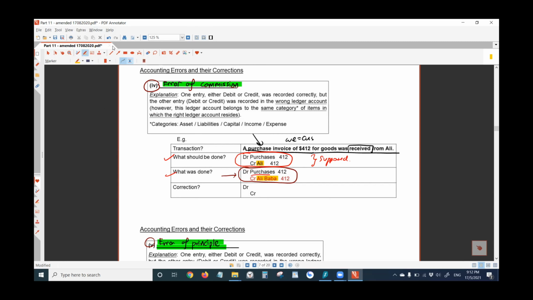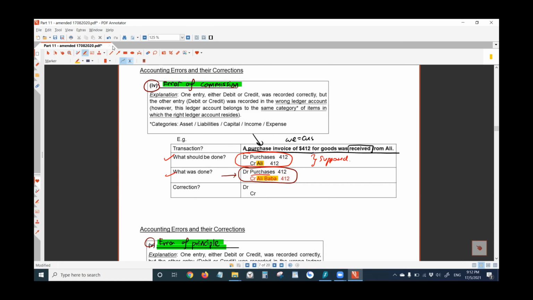Even though they have credited Alibaba account, which is the wrong account, we can say that these two accounts belong to the same category. What do I mean by category? Both of these accounts are person's name accounts, which is why we say that they belong to the same category. So that's the reason this is error of commission. When both the correct and the wrong account belong to the same category, we say that is error of commission.